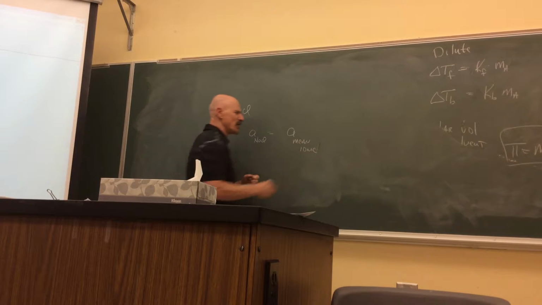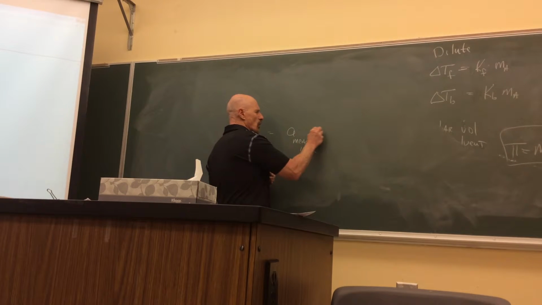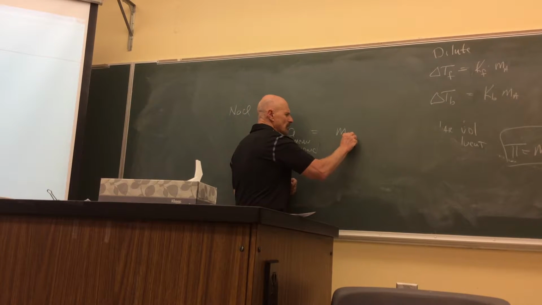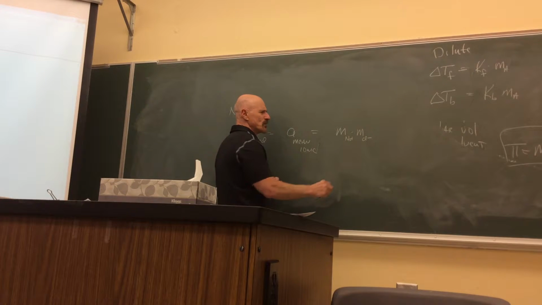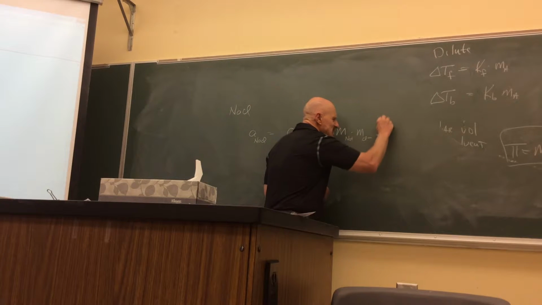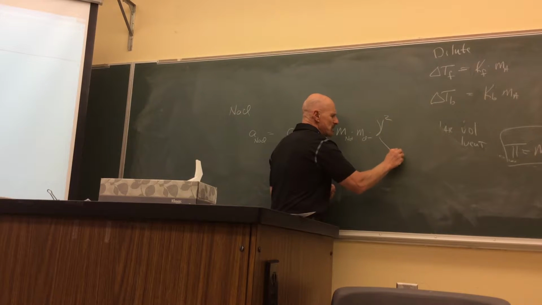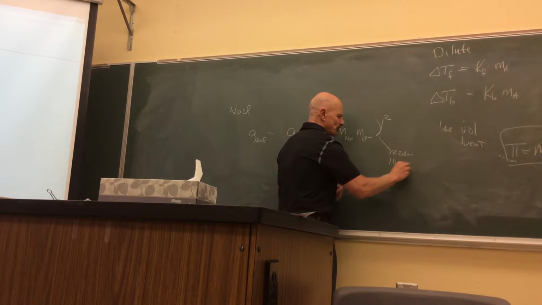In practice, it will be fairly easy to do. I will write it as the molarity of the sodium ion multiplied by the molarity of the chloride ion multiplied by the activity coefficient squared, where this is called the mean ionic activity coefficient.